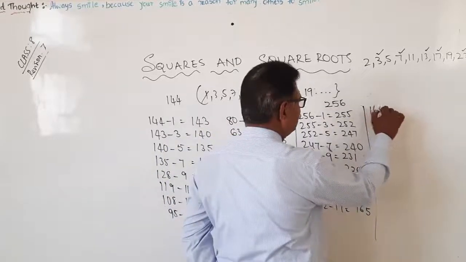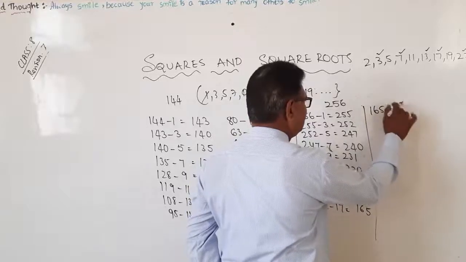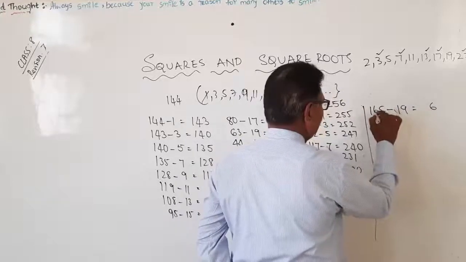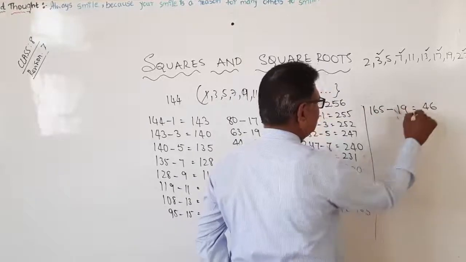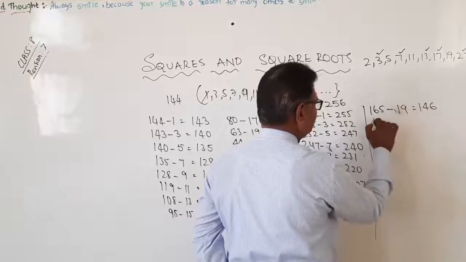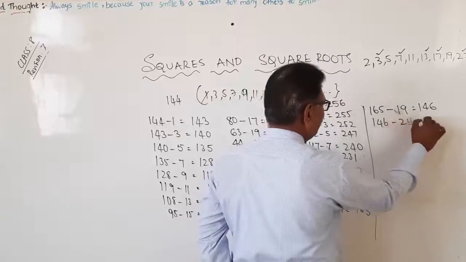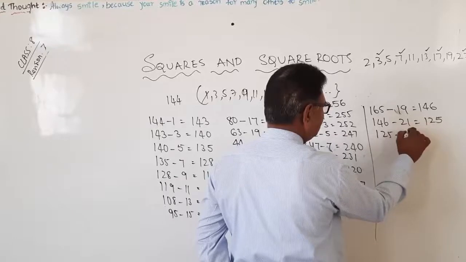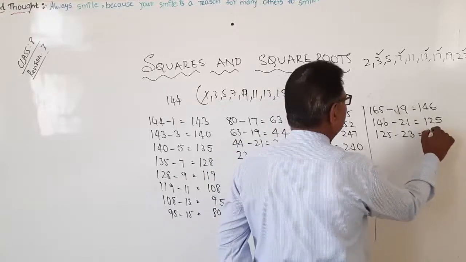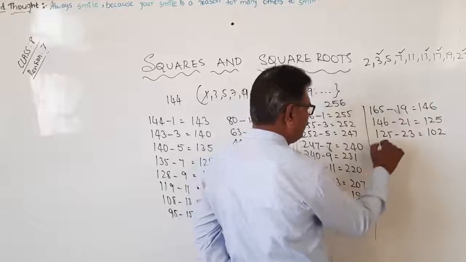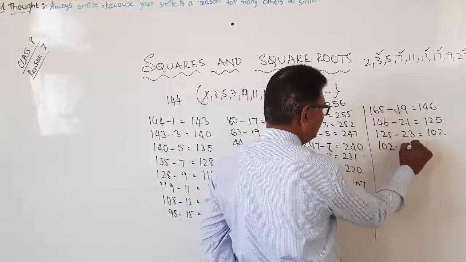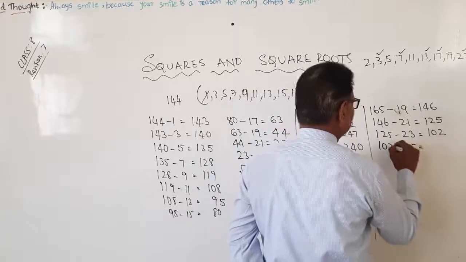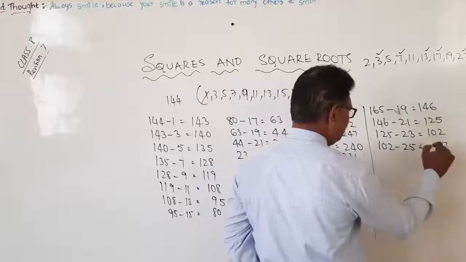Now again 175 minus 19 is 156. Yes, 156 minus 21, it is 135. 135 minus 23, so 112. Okay? 112 minus 25 is 87.